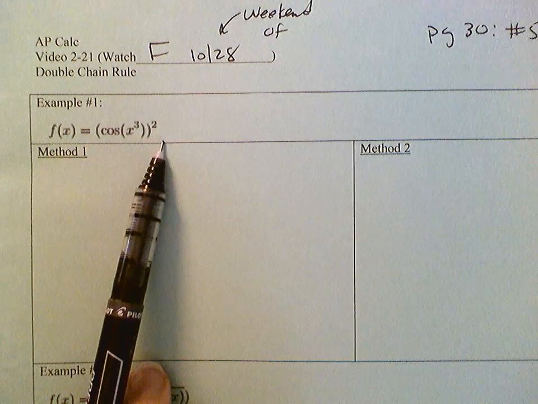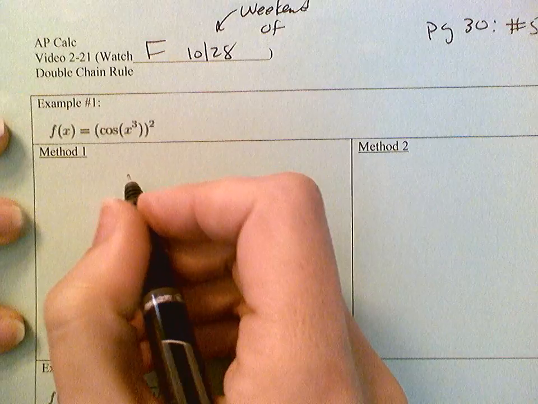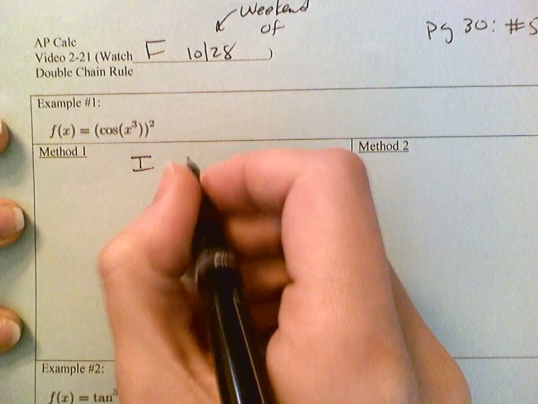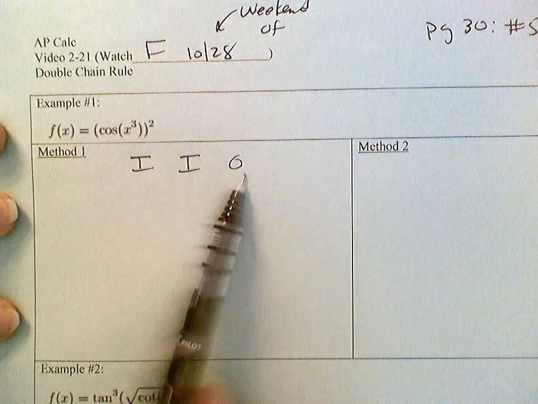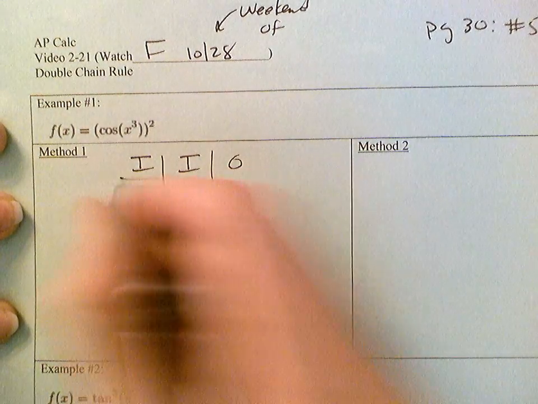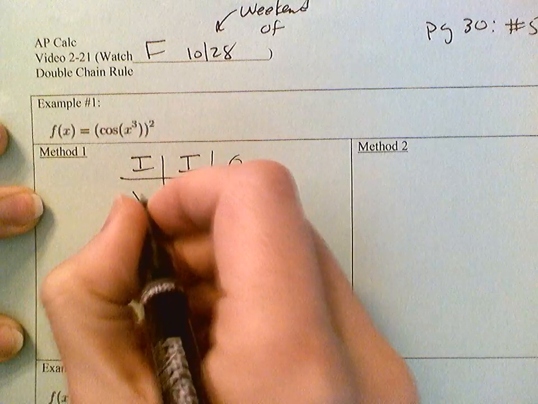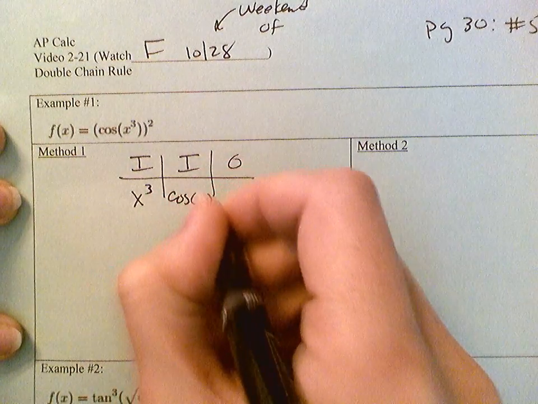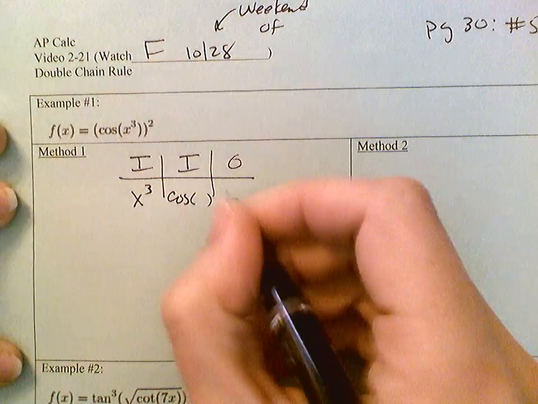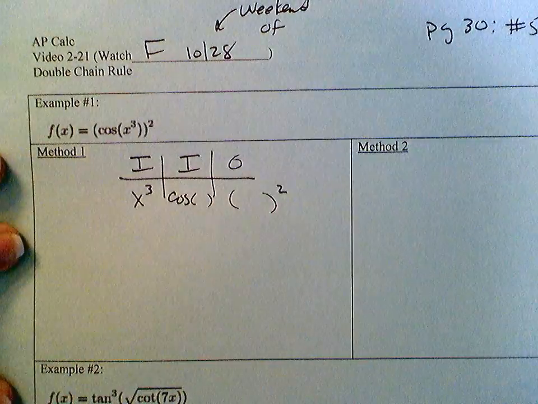Okay, the parentheses raised to the second power. So I'm going to have 3 columns to my chart that I like to use for the chain rule. So this is going to be an in and out chart. And I'll just put the innermost function here, x to the third. That is inside of cosine of blank. And that is inside of blank to the second.